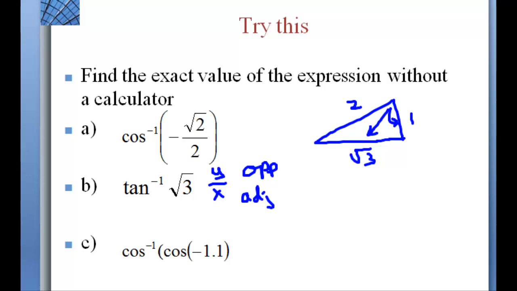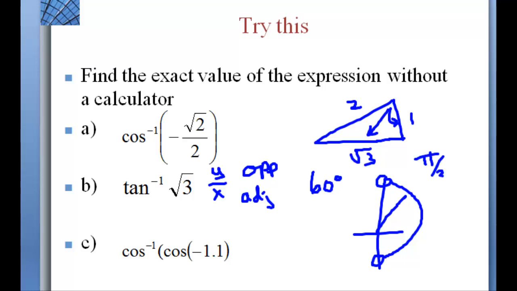So this is a 60-degree angle. On the unit circle, we're dealing with the right-hand side minus the endpoints, and so 60 degrees will fit right in there. 60 degrees is also pi over 3.